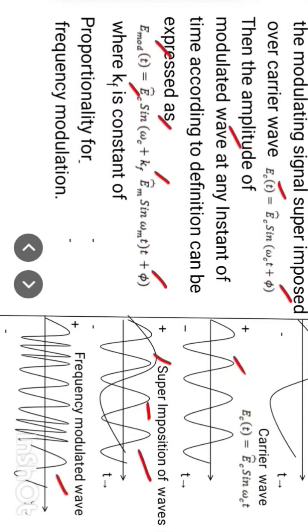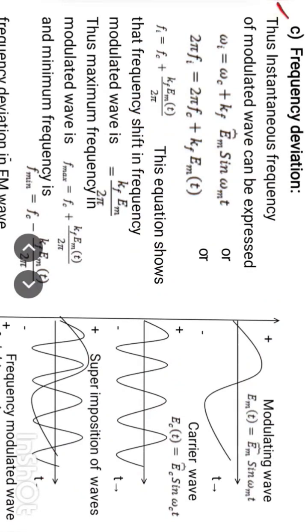Here is the frequency modulated wave, where frequency of the carrier is varied in accordance with the instantaneous amplitude of modulating wave.